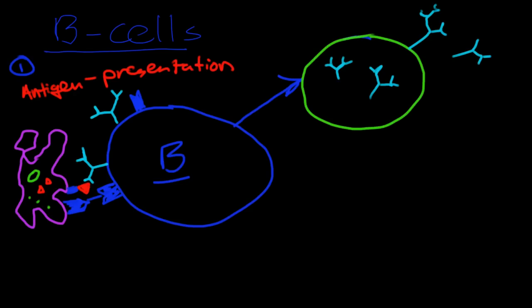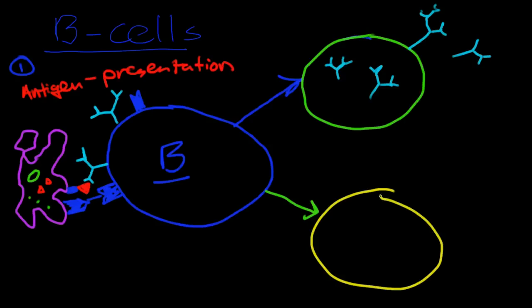The other thing it can differentiate into is a memory B cell. Memory B cells are just going to go hang out in the lymph nodes and wait for a second infection.